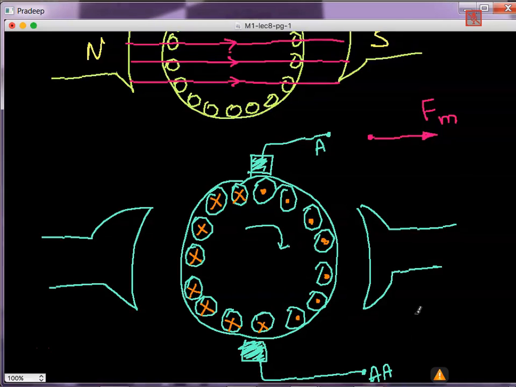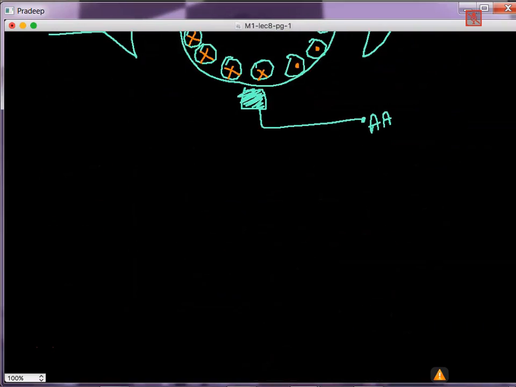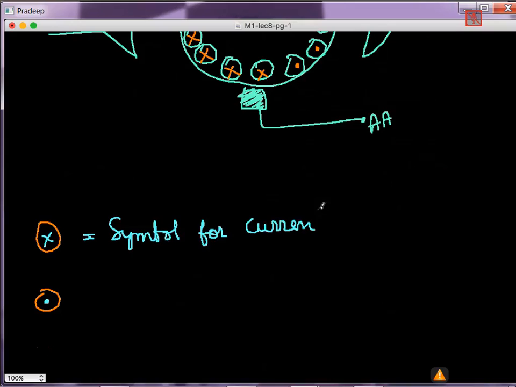So what is this notation? If I have a conductor and I have a cross, this means current flowing into the blackboard.